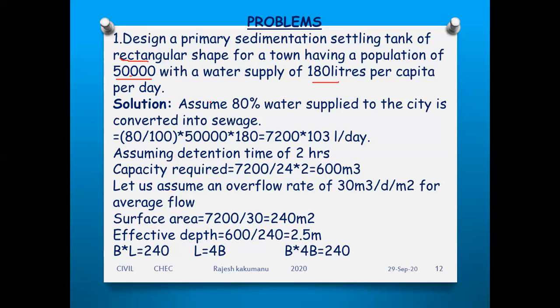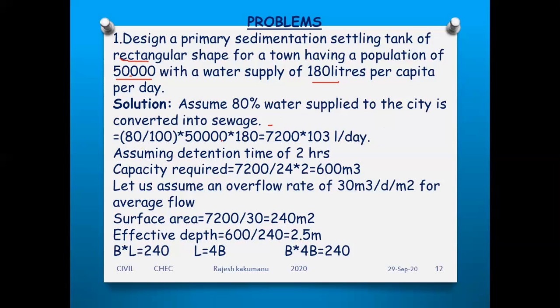How do you get the assumption? When you practice problems, you will get some idea of what number you have to take. So here assume 80% of water supplied to the city is converted into sewage. Then 80 by 100 into how much population? 50,000 population.